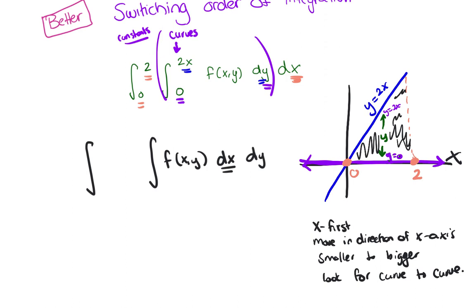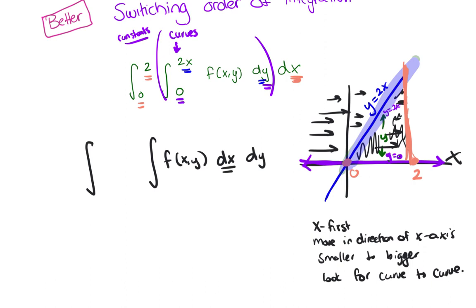So here's my x-axis. It goes in this direction horizontally. So I'm moving in the direction of that x-axis. The first thing I hit when I'm moving there is this blue curve here. And then the second thing, keep moving, keep moving. Think about where you're leaving. The curve in which you're leaving is this curve here.